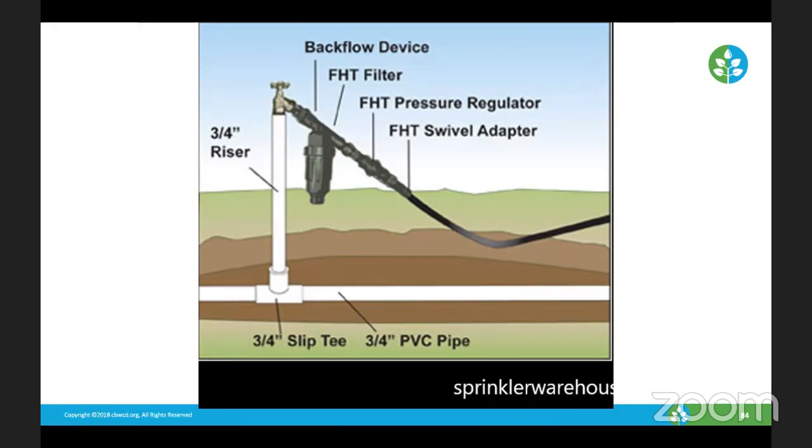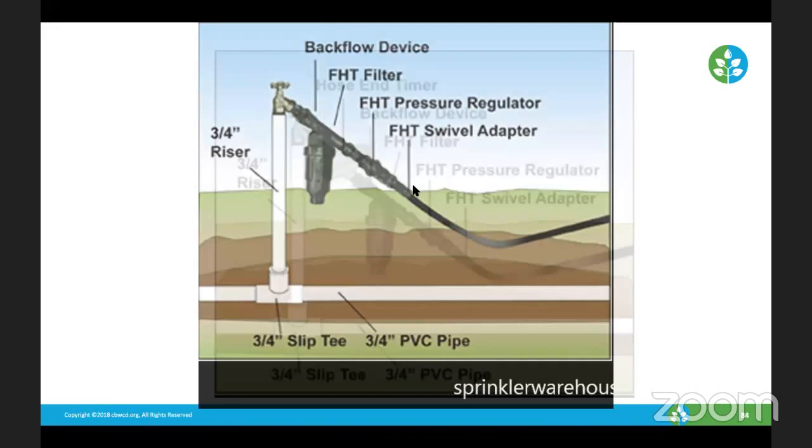So if we have a hose bib and we're doing raised bed planters, and we're doing veggies or something like that, and we don't want to have it on an irrigation timer because we're out there a lot and have a lot of hands-on with the area, this is a viable option. Still have the filtration and the pressure regulation system, but it taps off into a drip irrigation system.